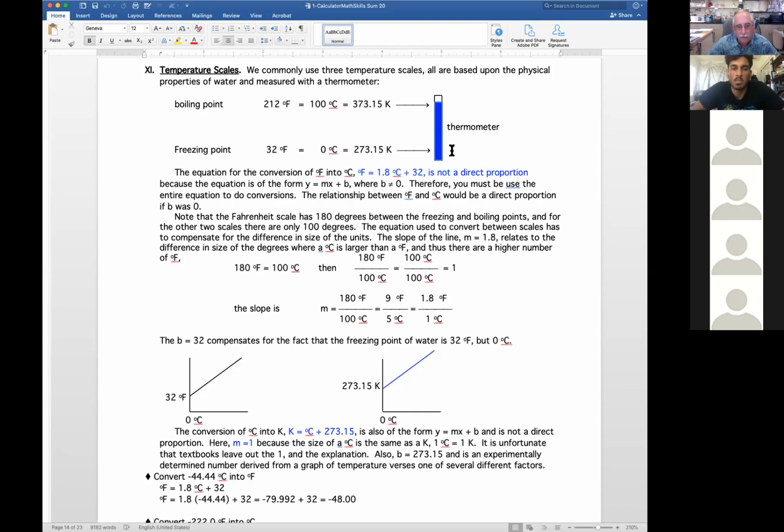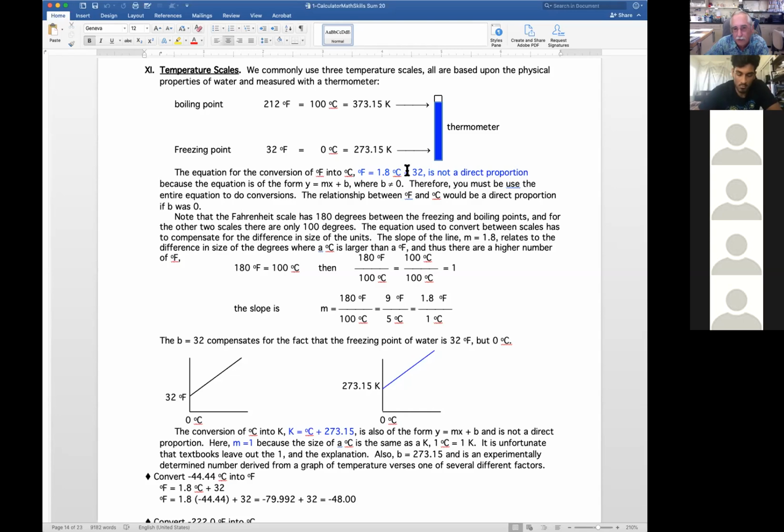So now let's look at the equation. Here's the equation that you used all throughout your school so far. And you had to memorize the equation and you had to input one thing and then calculate for the other. So why is it that you always had to use the equation? It's because it's not a direct proportion.